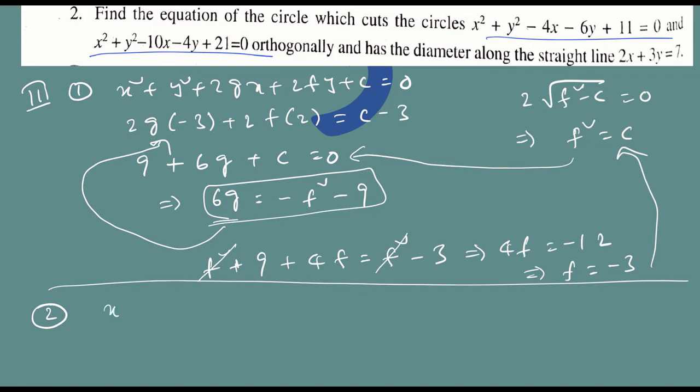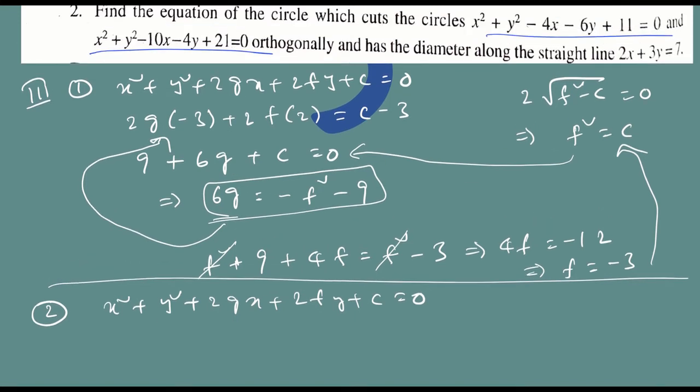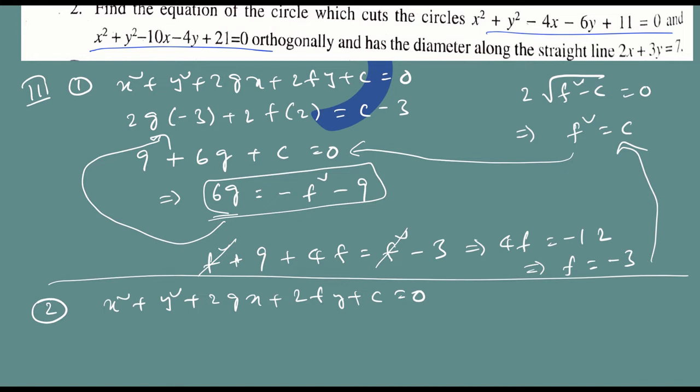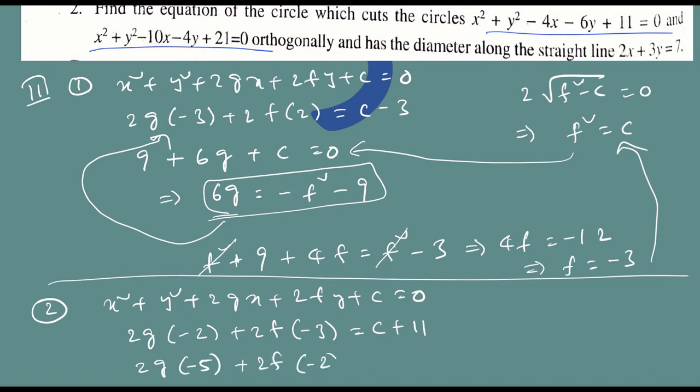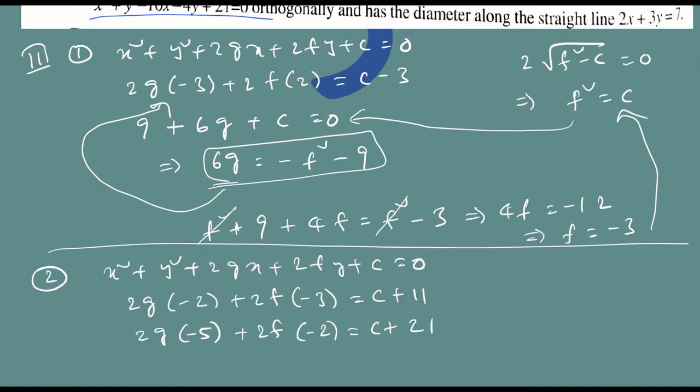Let the required circle be x square plus y square plus 2gx plus 2fy plus c is equal to 0. Now it is intersecting the given circles orthogonally. So I'll get 2g dash plus 2f dash is equal to c plus c dash, and applying it to second circle, I have 2g dash plus 2f dash is equal to c plus c dash, and having its diameter along this line.